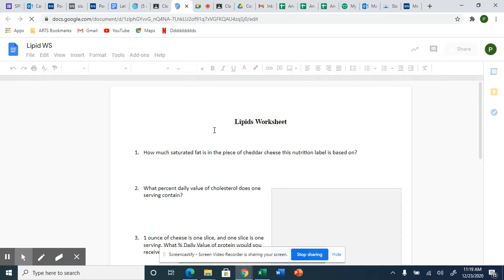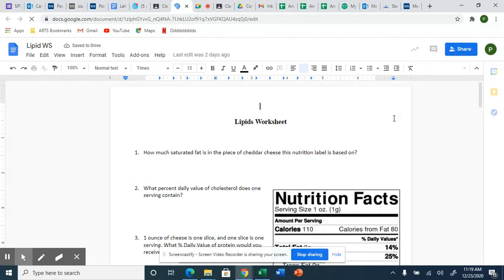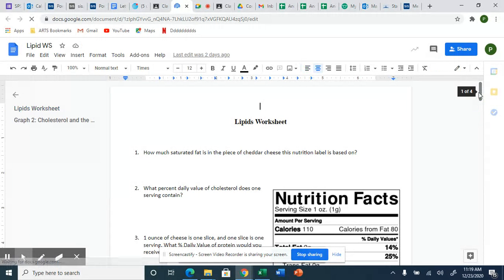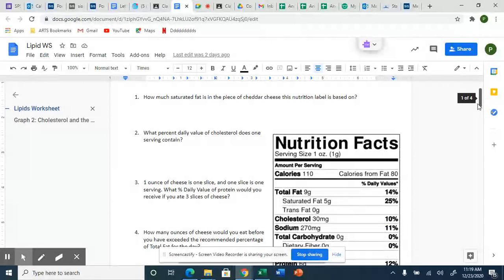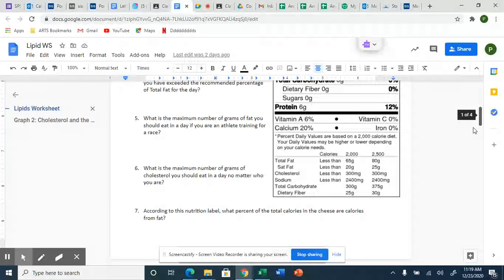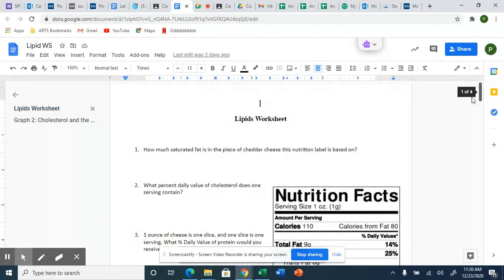On this worksheet, there is a nutritional food label that you would find on most foods. Of course, a lot of companies are doing this, but it's still not required. So you are basically going to read the sheet right here and answer the questions.